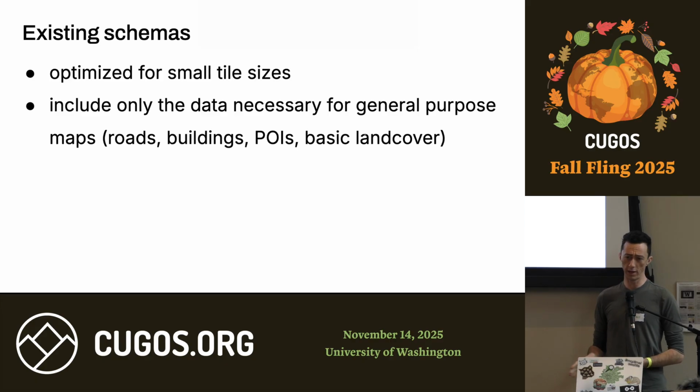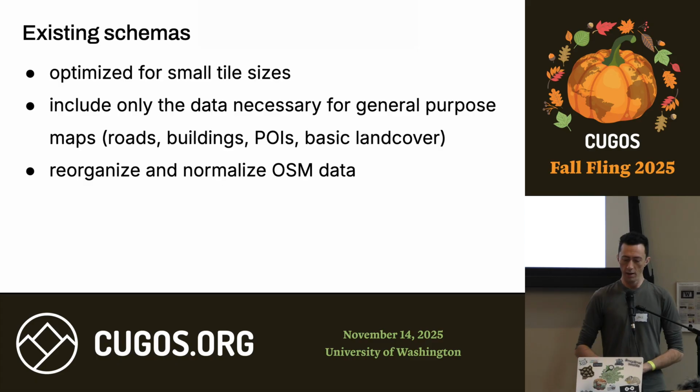But they don't include a lot of other data that's not relevant for general purpose types of maps. And along the way, they also reorganize and simplify the OSM data model to file off the rough edges and the idiosyncrasies of OpenStreetMap tags and make it easier to use and more approachable for the cartographer that's writing the style sheet for those vector tiles.